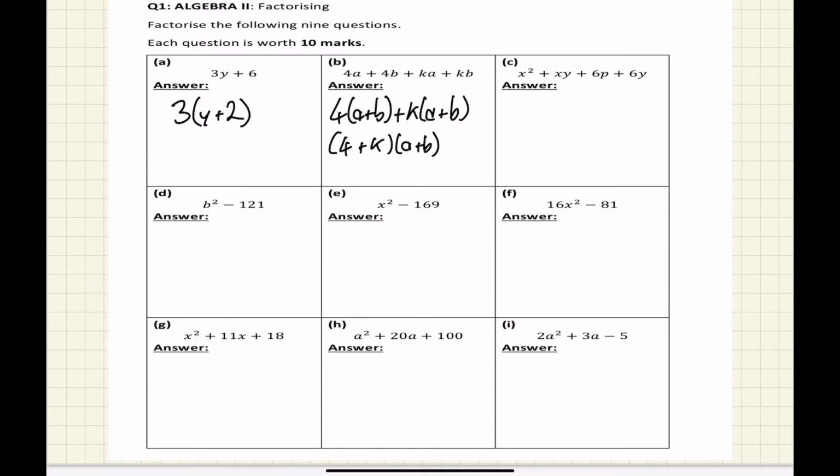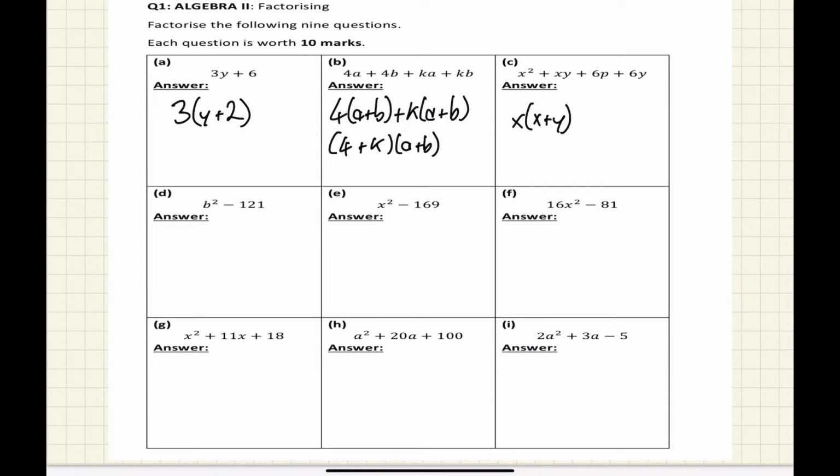Okay. Over on this part, question C, we have x squared plus xy plus 6x plus 6y. So we need to take out what's common to both of these. If we look at the first one, it's x squared plus xy, so x is common to both of those. So I'll say x bracket x plus y.